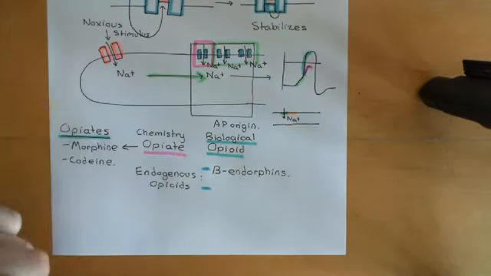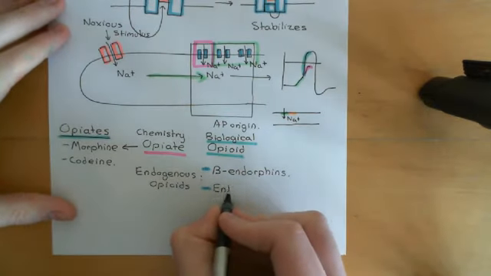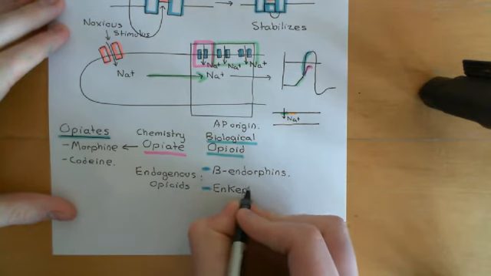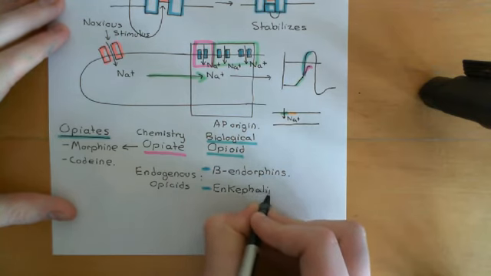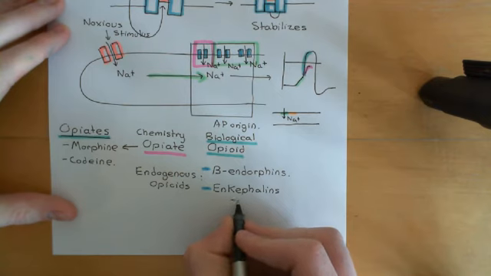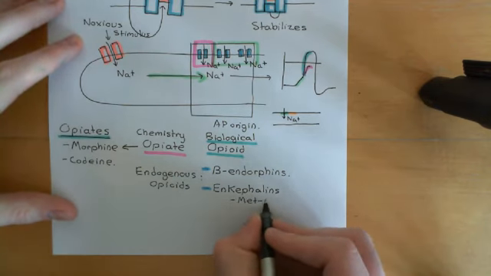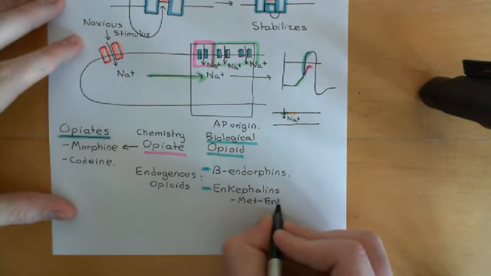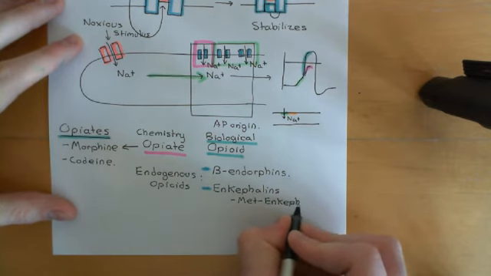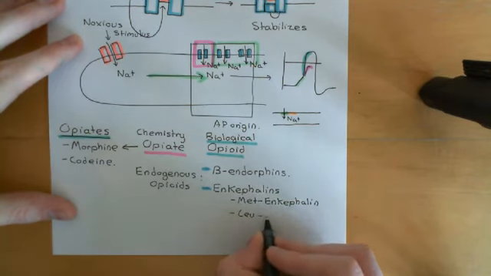The second category is the enkephalins, and these are going to be extremely important for us. There are 2 different enkephalins: methionine enkephalin, abbreviated as met-enkephalin, and leucine enkephalin, abbreviated leu-enkephalin.